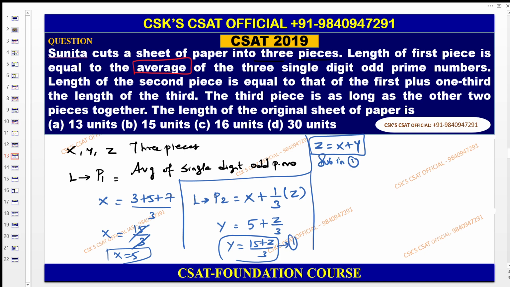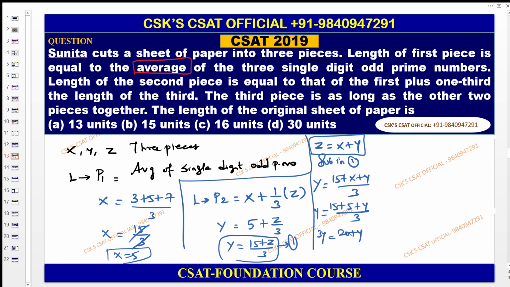Now after knowing this, substitute in the first equation. If you substitute in that equation, y becomes (15 plus x plus y) by 3. Further you can replace the x value here by 5. Cross multiply the 3. It becomes 3y, which is equal to 20 plus y.